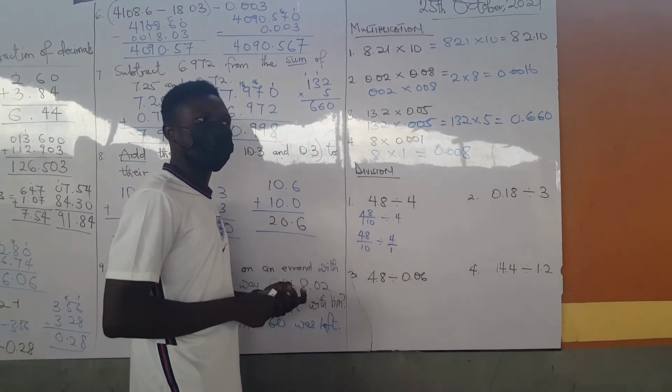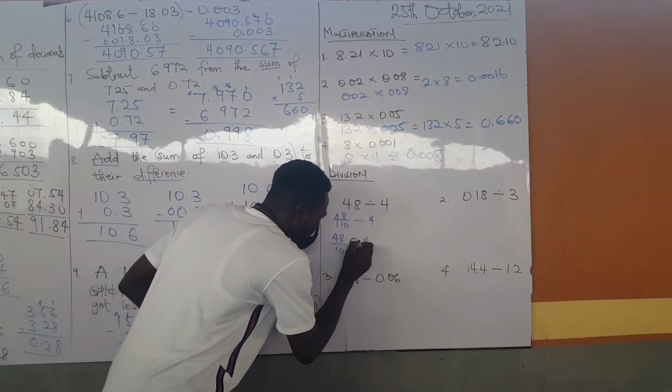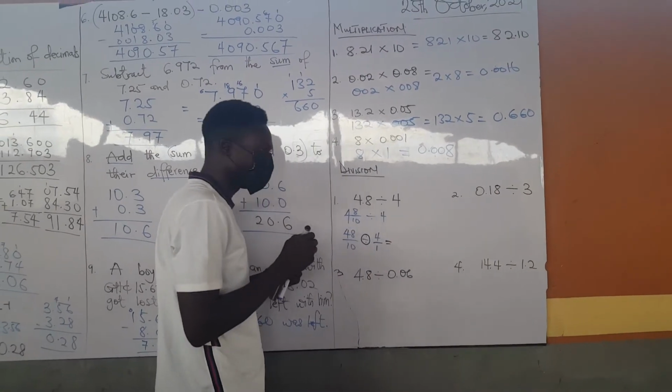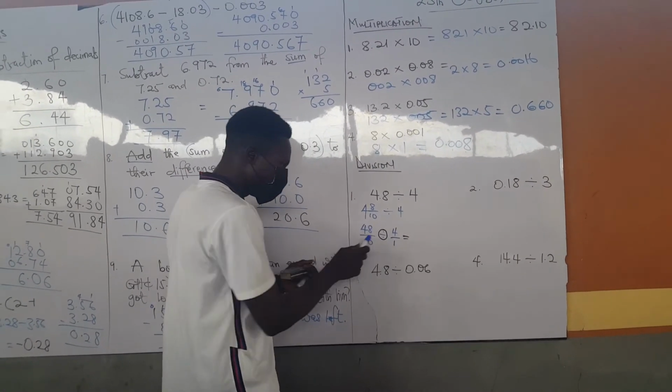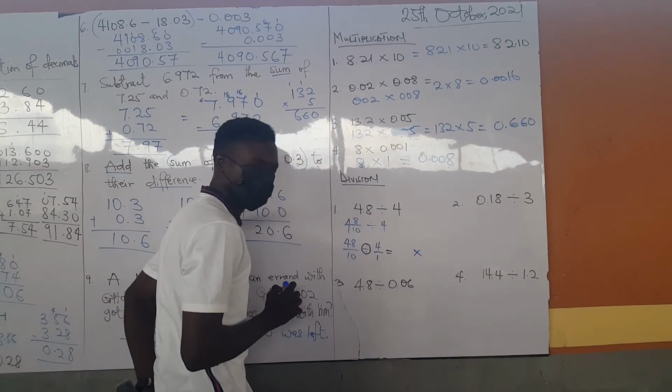Now because we are dealing with division, this division here is going to change into multiplication. The division sign here will be multiplication.